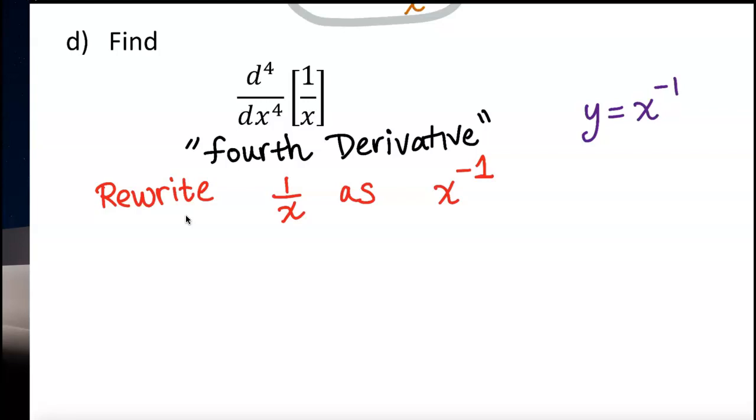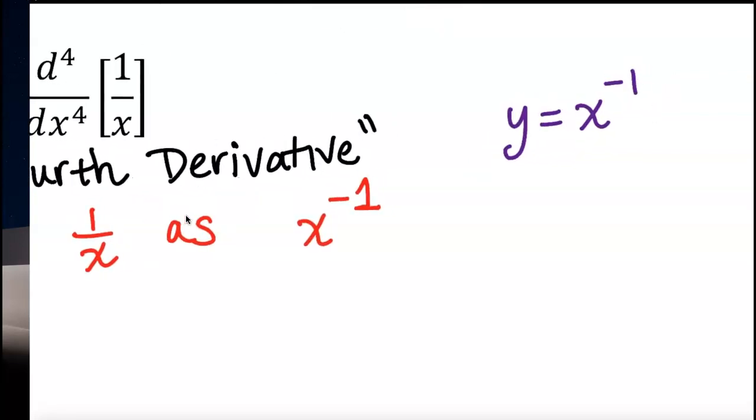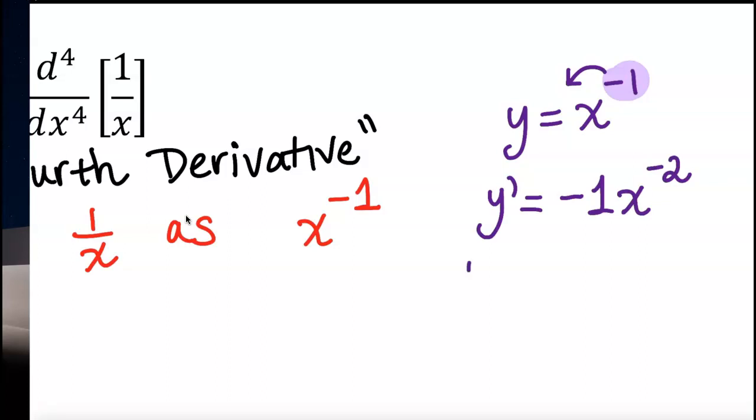So the first derivative, we're going to bring down this negative 1 to the front. So we'll have negative 1 x to the, and we go down 1. The new exponent is negative 2 because negative 1 minus 1 is negative 2. All right, that was the first derivative.